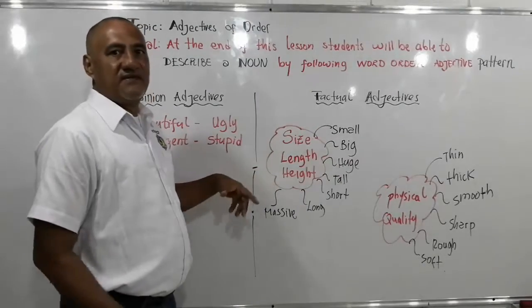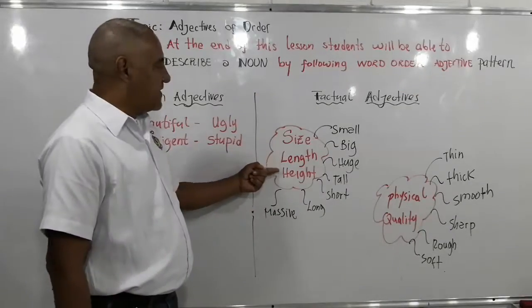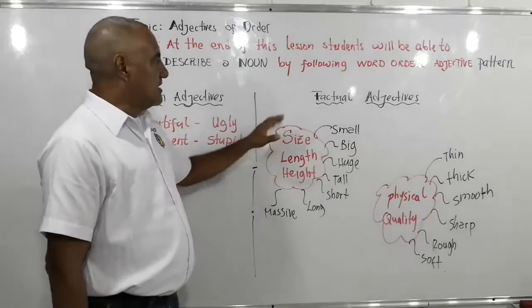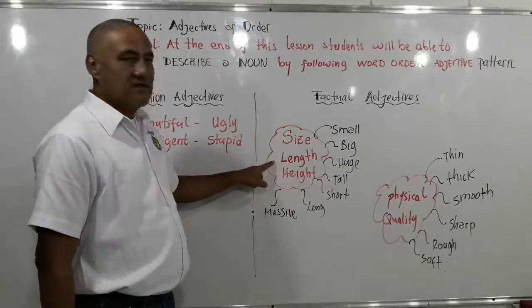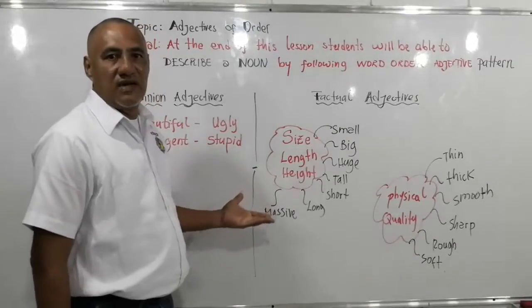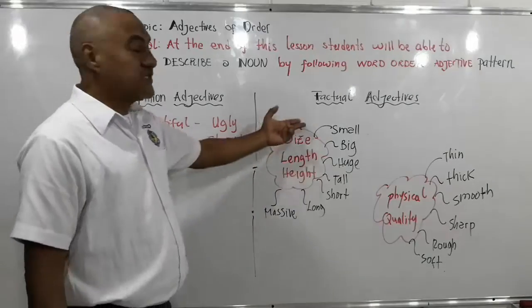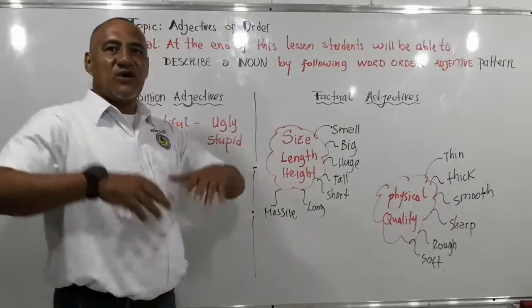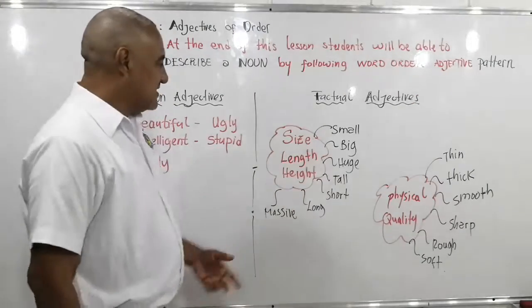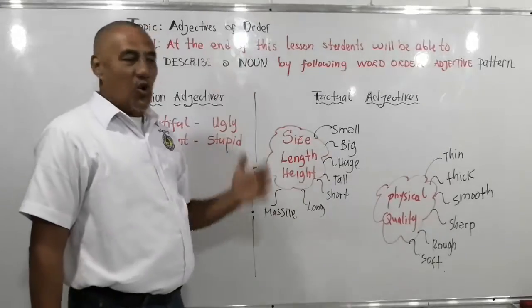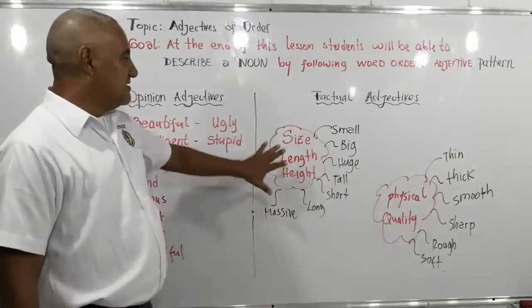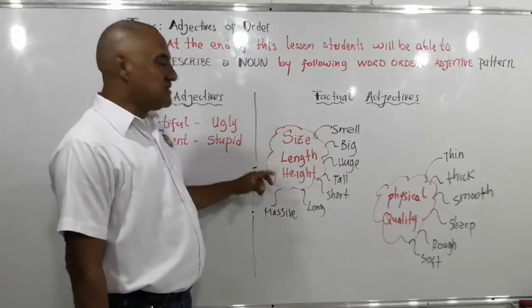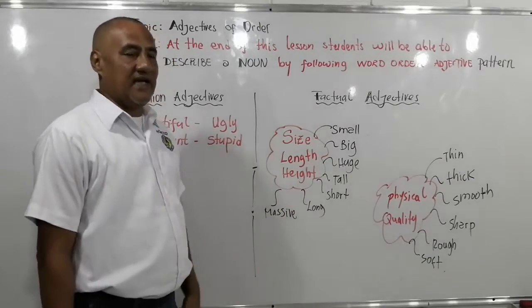Adjectives that describe the size, length, and height: adjetivos factuales que describen el tamaño, la longitud y la altura. So we have small, big, huge, which is enormous, tall, short, long, massive, all right? These are adjectives which describe size, length, and height.